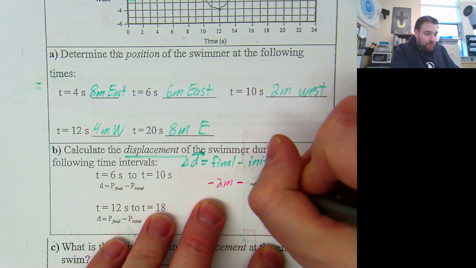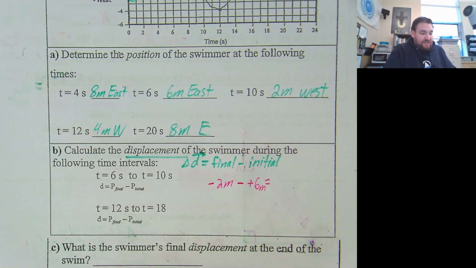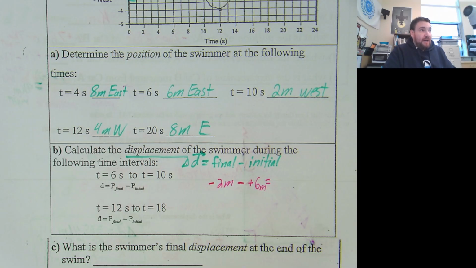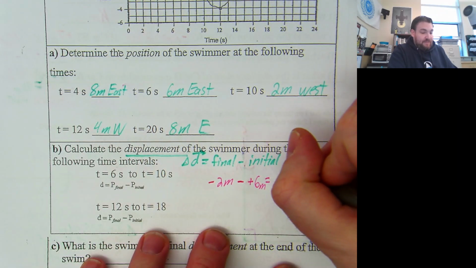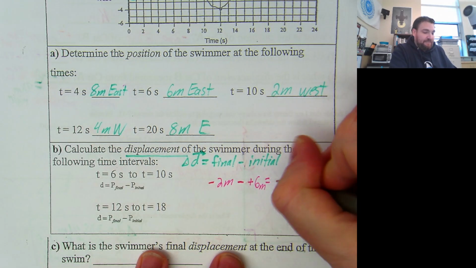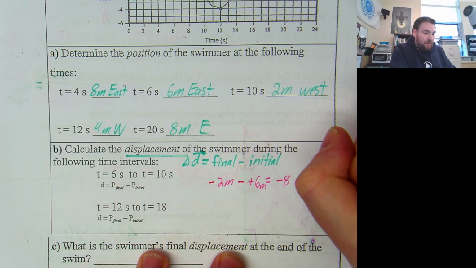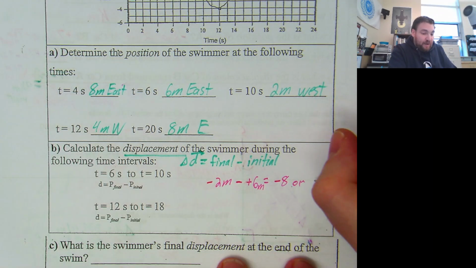So it's negative 2 minus positive 6. What's the displacement of our swimmer in the 6 second to 10 second interval? Well, negative 2 minus 6 isn't going to be 8. It's going to be negative 8. And then we can turn that back into a meaningful direction. Negative 8 means 8 meters what? West.